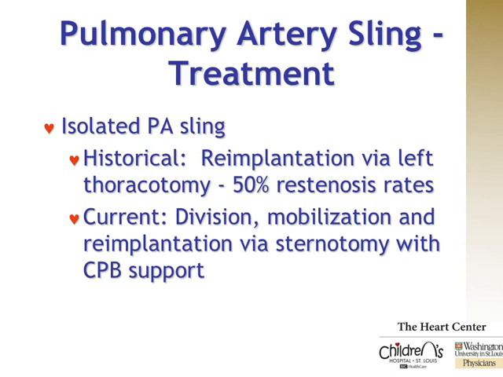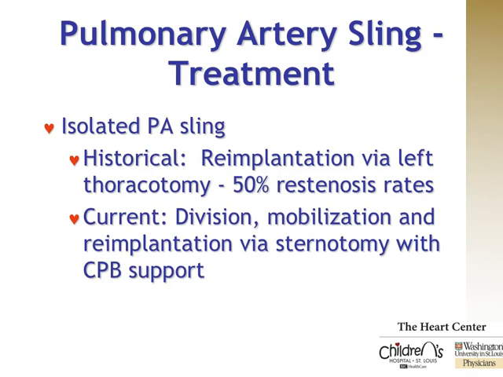Some of it may have been related to the type of sutures they had at that time. But nowadays, the approach typically is anteriorly using cardiopulmonary bypass support, mobilize that vessel, reimplant it to the main pulmonary artery, and the results are very good with a very low restenosis rate.